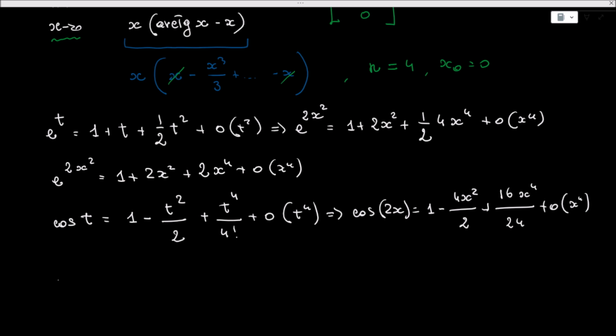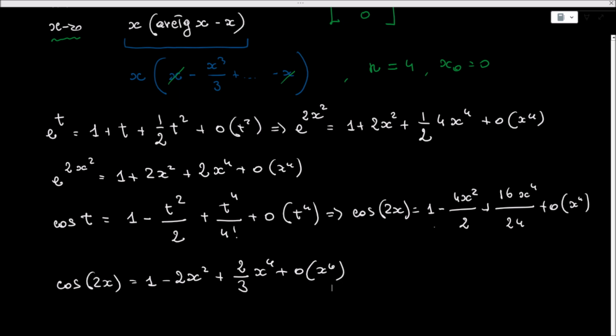By simplifying, cosine of 2x equals 1 minus 2x squared plus 2/3 x to the 4 plus little o of x to the 4.